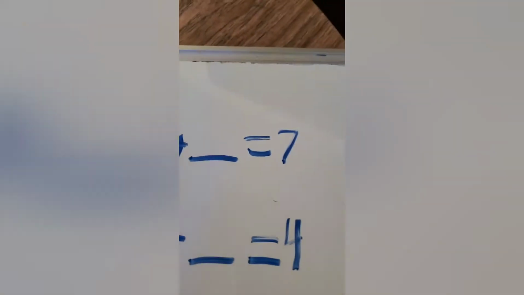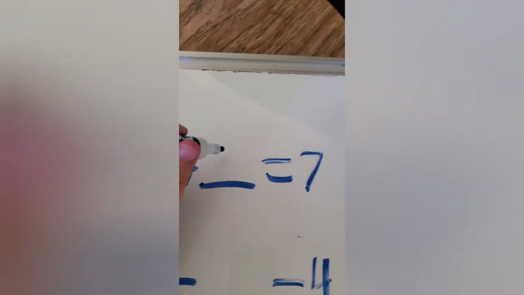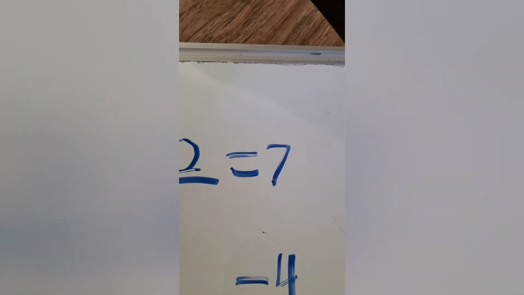Okay? So, let's see here. I am going to subtract to find this number. 7 minus 5 is actually equal to 2. So, 2 is my missing number. 5 plus 2 equals 7. All right, and it is right.